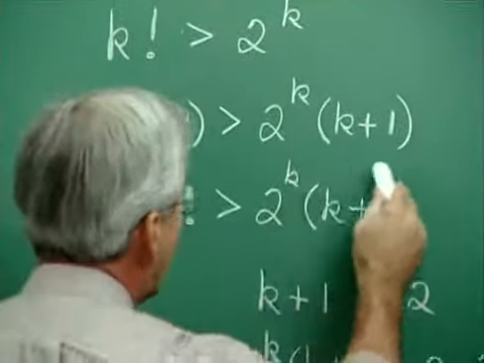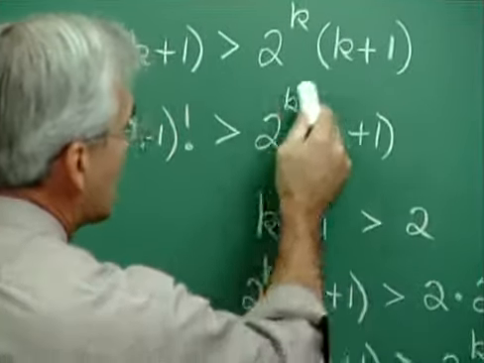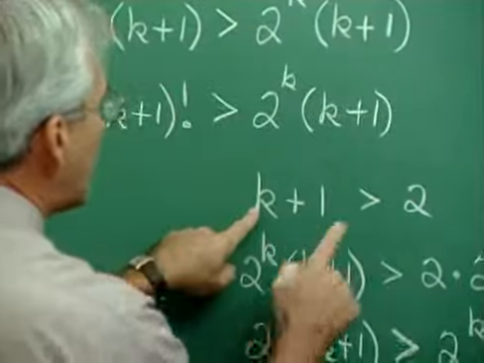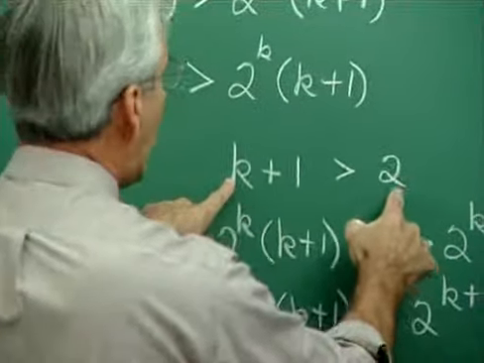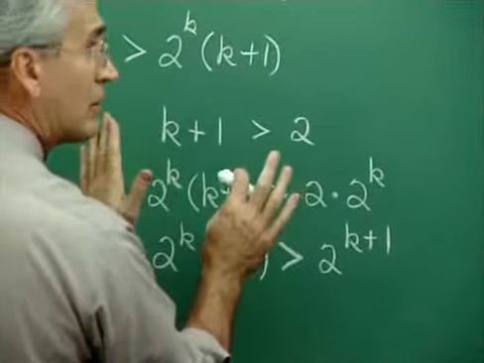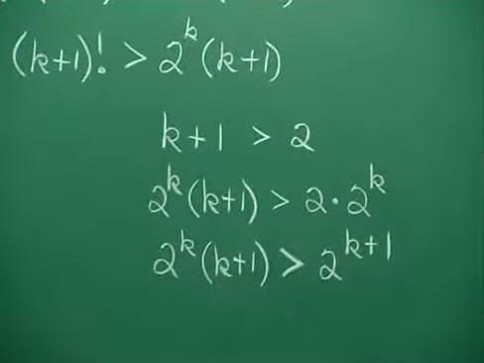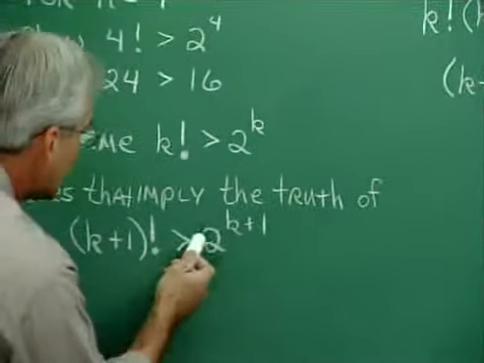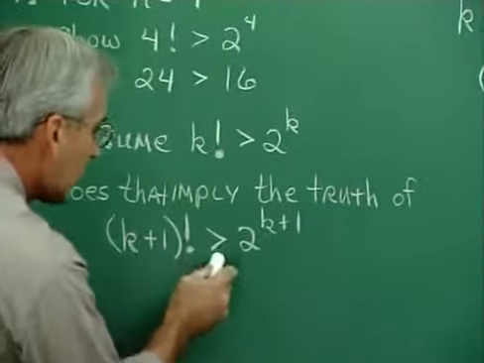I'm going to take an aspect of this expression. I'm just going to take k plus 1, and I'm going to set it greater than 2. I'm choosing 2 for a particular reason. Let me back up and refer back. I want to show that this is greater than that.